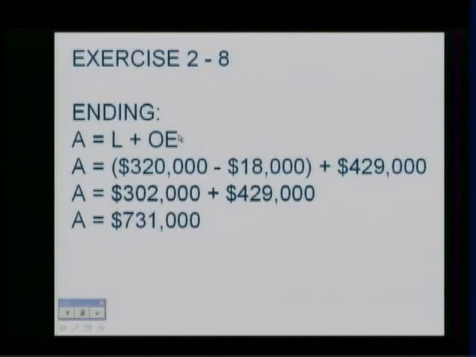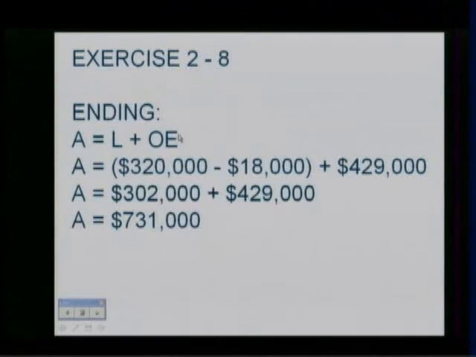During the year, the liabilities went down by $18,000. Assets went up by $65,000. And paid-in capital went up from $30,000 to $192,000. Dividends, declared and paid, were $25,000, and at the end of the year, the owner's equity was $429,000.